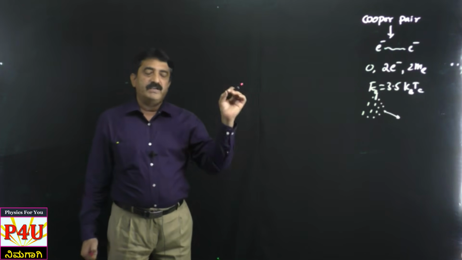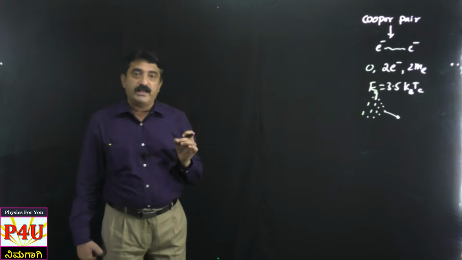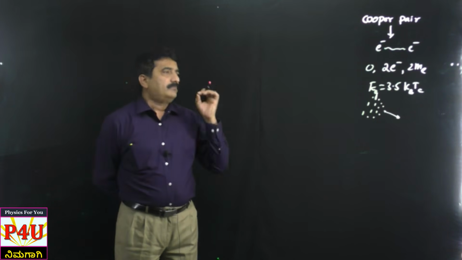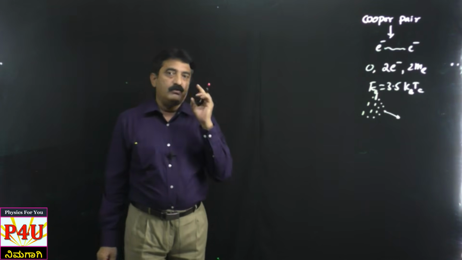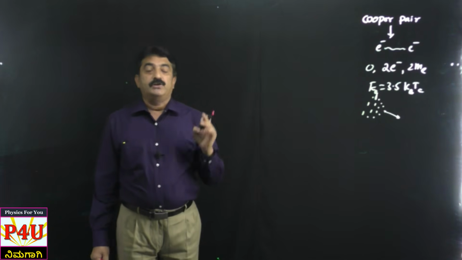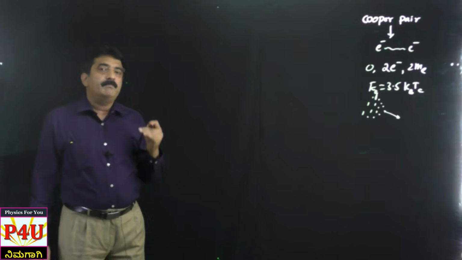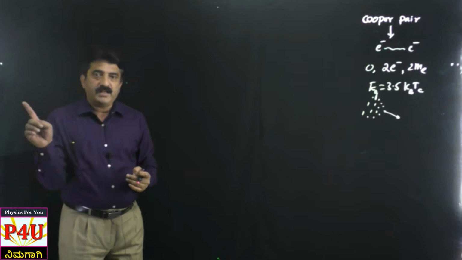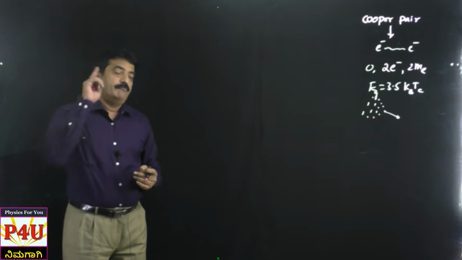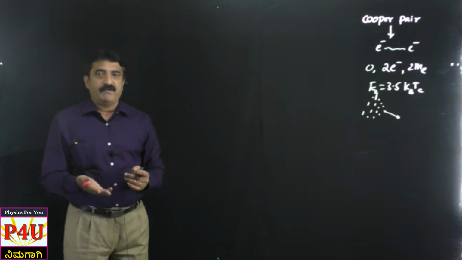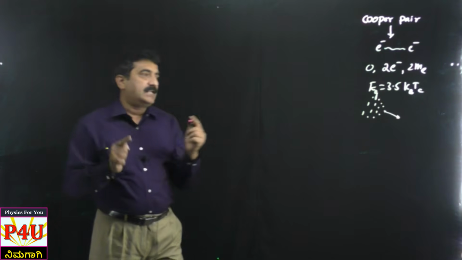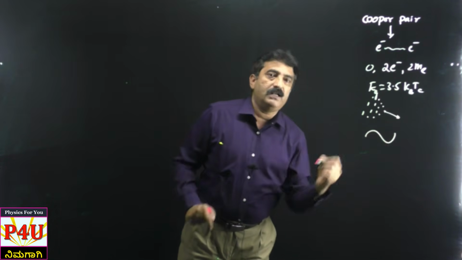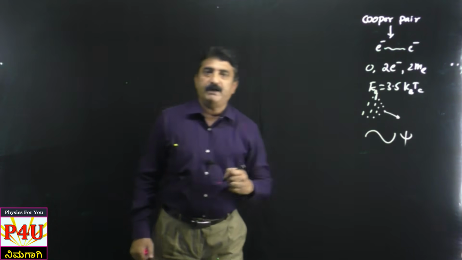Even here we can see such correlated motion, and the reason is all Cooper pairs are alike and all of them are explained by one single wave function. So dear students, in the quantum mechanical world, we cannot treat a particle as a particle, we have to look at the particle as a wave. Here the Cooper pair, a combination of two electrons, is described by one single wave function represented by psi.